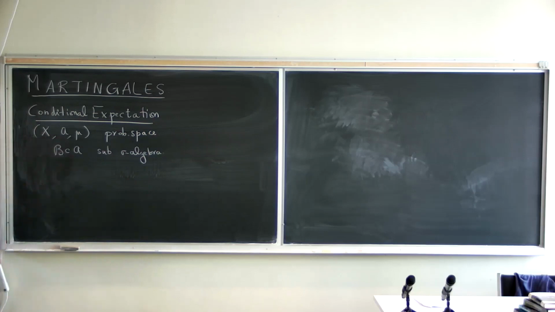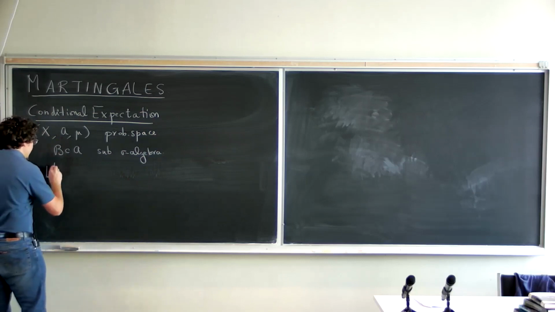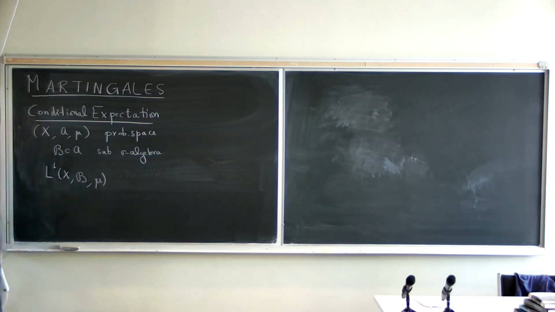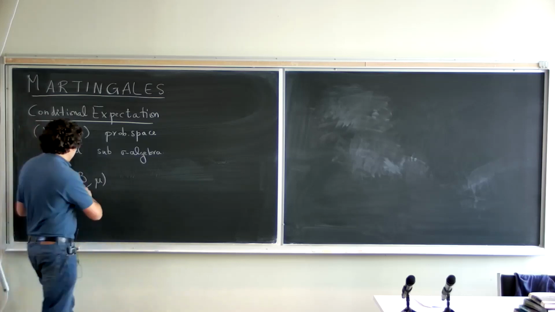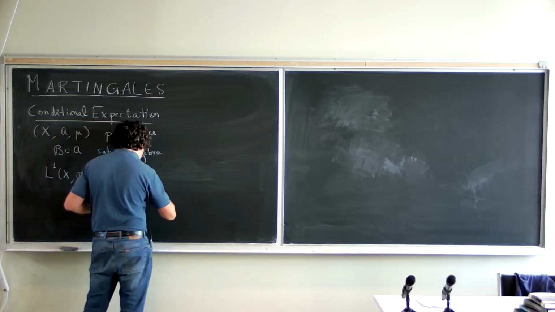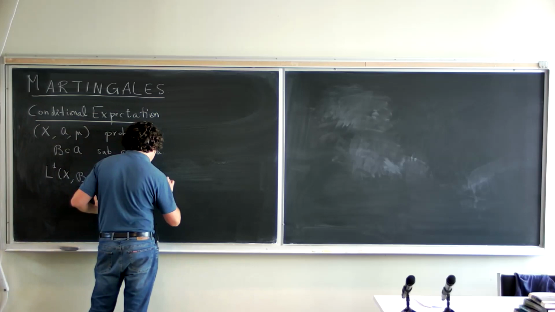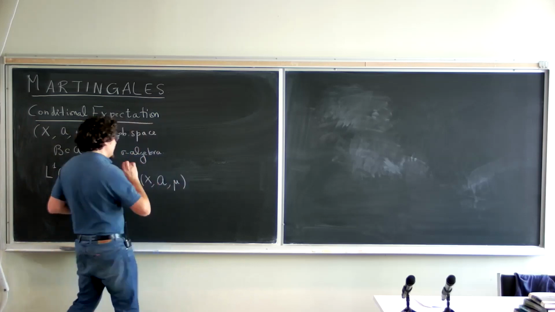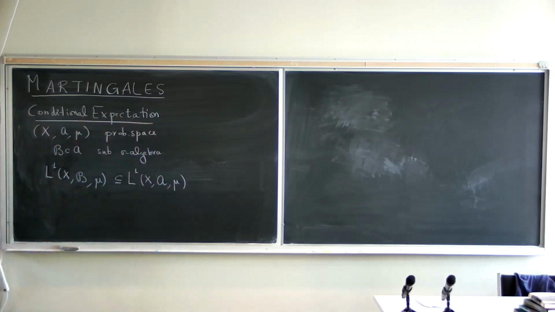Okay. And now we can look at L1 of X with respect to B. So these are the functions that are measurable with respect to B, such that the pre-images of Borel sets are in B. This is a subspace of L1 of X with respect to A. At first, this seems very abstract, and in fact, the definition is very abstract.